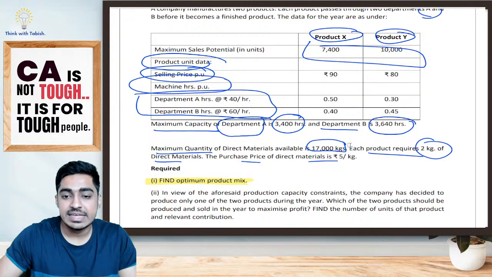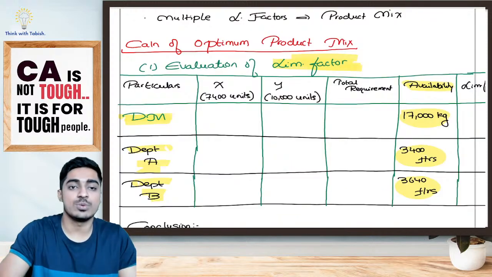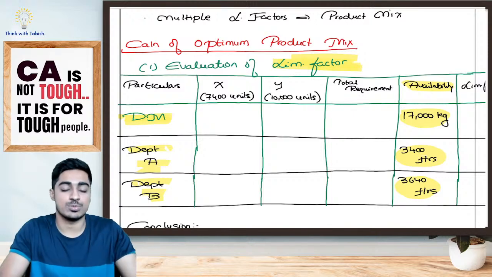For material, each product requires 2 kg of material. So X also we want 2 kg, Y also we want 2 kg.